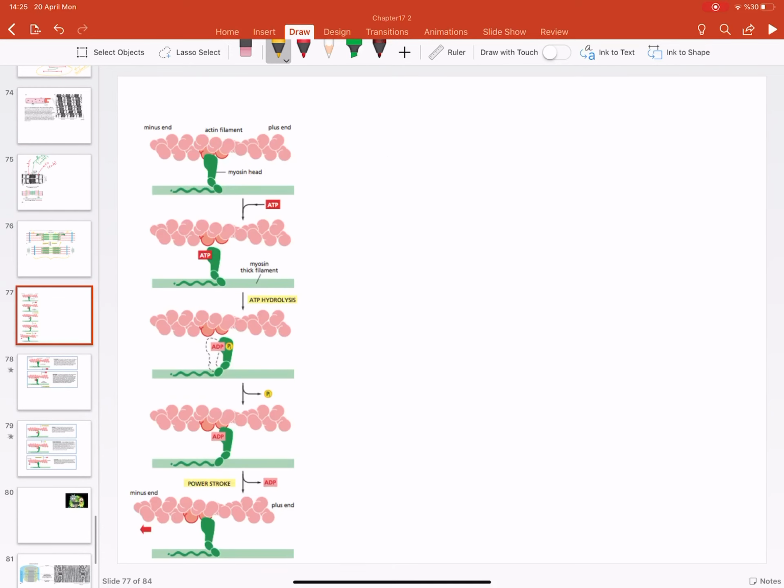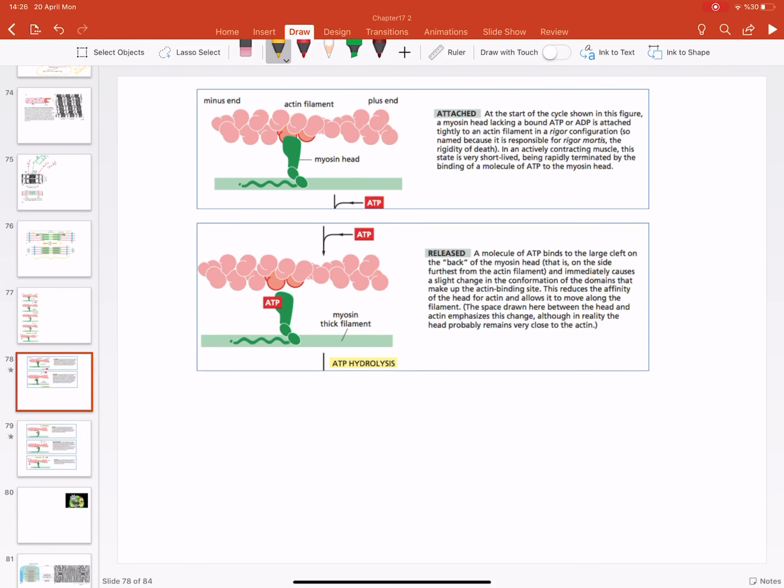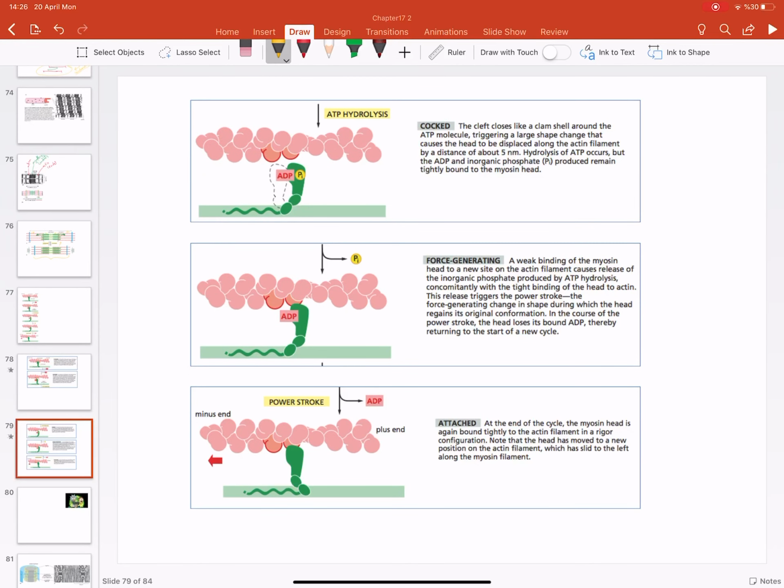Okay, and let's check the molecular form, how it is happening. It happens in 5 stages. This myosin head is connected to the actin surface, normally attached, and when it has the ATP, it is released, and then it makes a movement from here to here by hydrolyzing the phosphate, which is spending ATP.